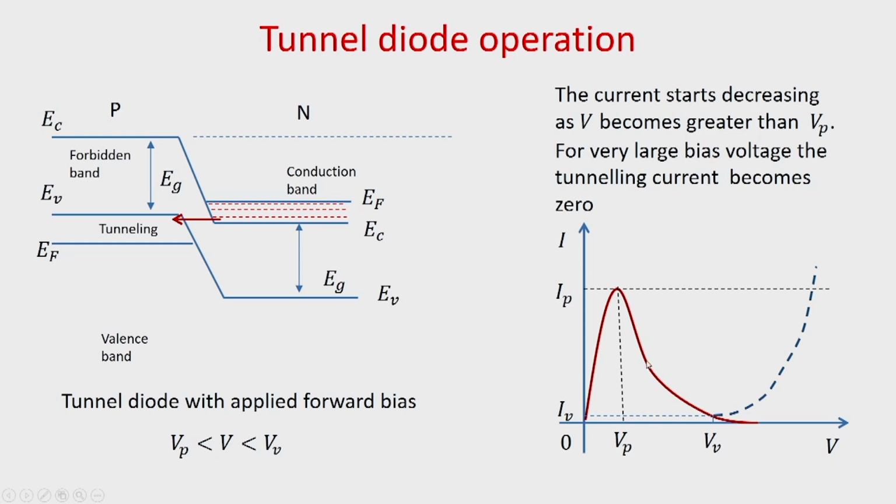This one is the current component because of the tunneling, and this is normal diode operation, the injection current.